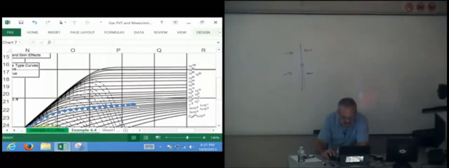So C sub D e to the 2s, below it looks like it's 10 to the 2, might be above it. Let's count down. 1, 2, 3, 4. I'd almost have to print this off, but it looks like 100 should have been my C sub D e to the 2s.